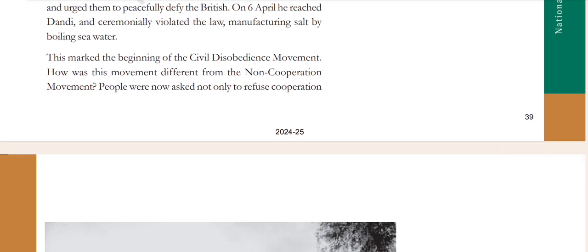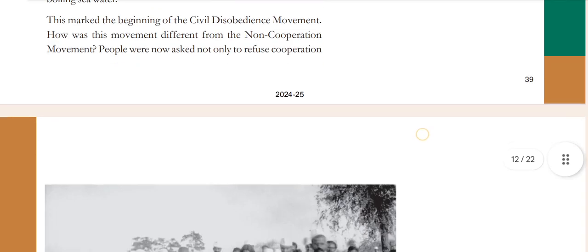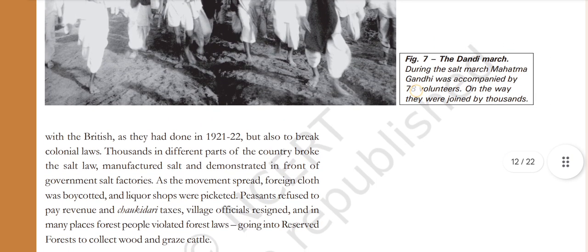How was this movement different from the Non-Cooperation Movement? People were now asked not only to refuse cooperation with the British, as they had done in 1921 to 1922, but also to break colonial laws. Thousands in different parts of the country broke the salt law, manufactured salt, and demonstrated in front of government salt factories.